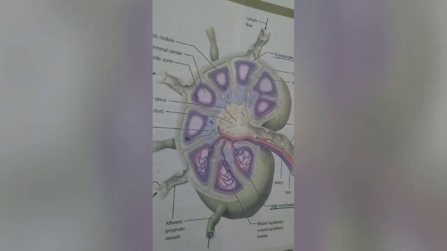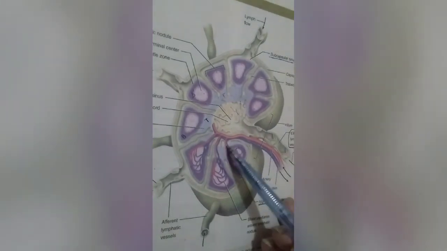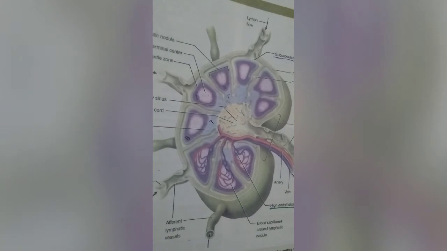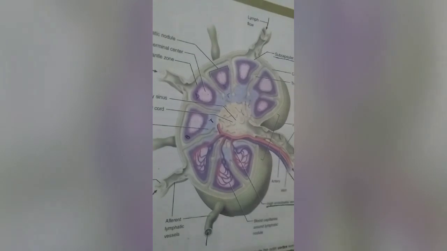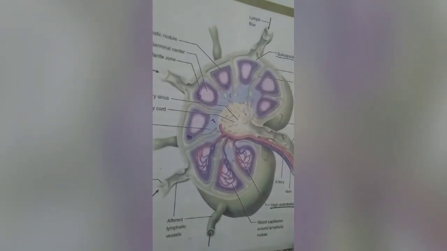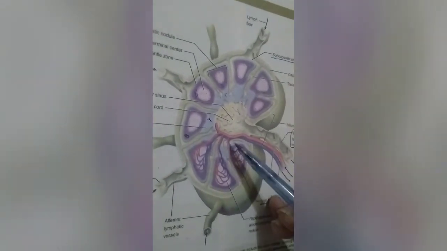So this is the important point, that the high endothelial venules present in the paracortex are not lined by flat squamous cells, but by cuboidal cells. These cells possess a receptor which interacts with lymphocytes and facilitates their migration from the blood into the paracortex.